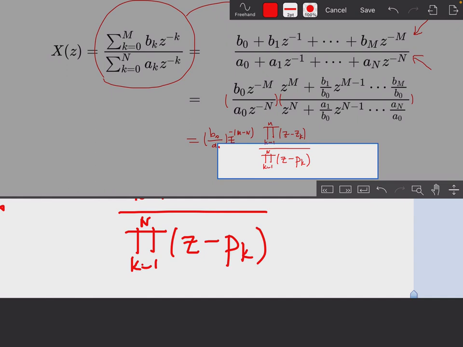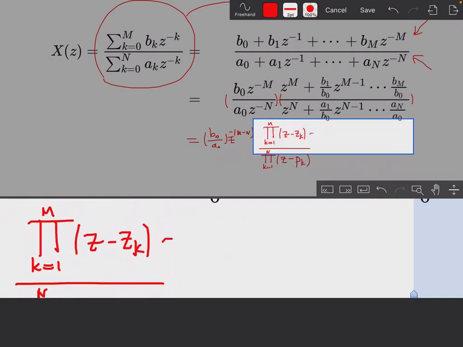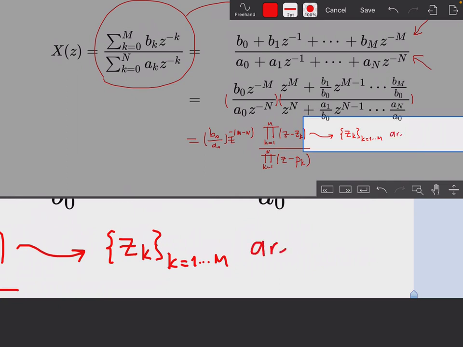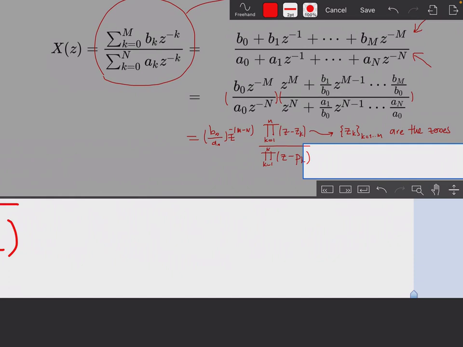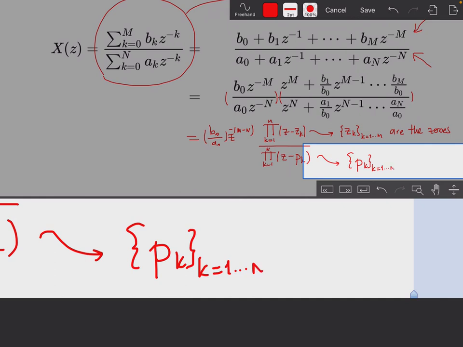So z sub k for all k from 1 to m are the zeros of this form, and p sub k, again for all k from 1 to n, are the poles.